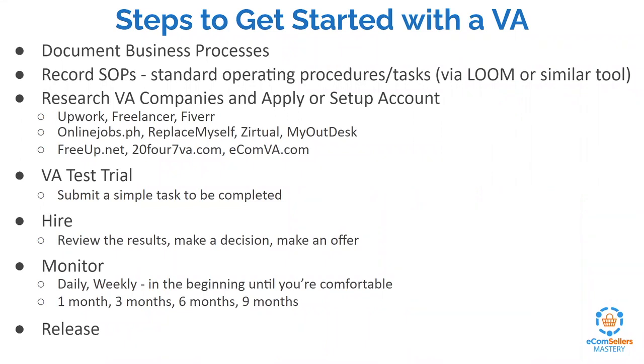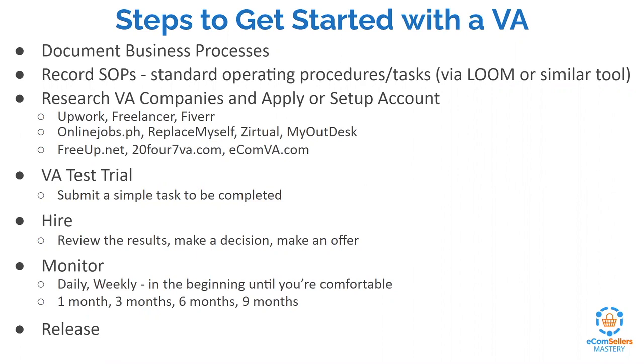Research VA-related companies, or set up your own individual accounts. Upwork, Freelancer, and Fiverr have individual people that you can hire to do specific tasks. You're going to pay a little bit more money for Upwork and Freelancer.